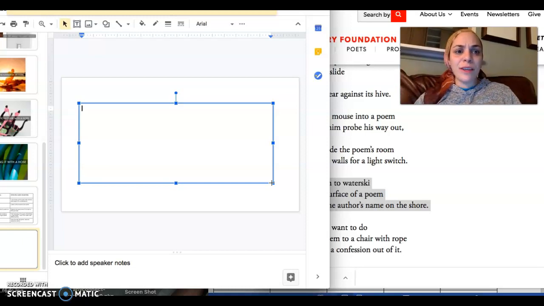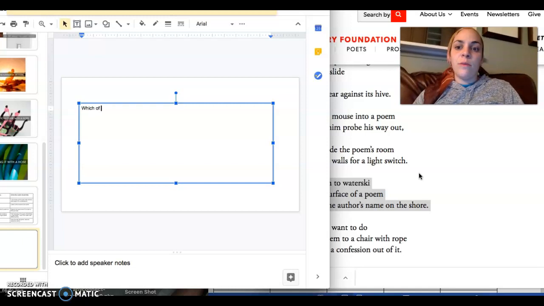Or if you don't usually think about poetry, think about music. Which of the images that Billy Collins used do you relate to most? Which of the images do you relate to the most, and why?